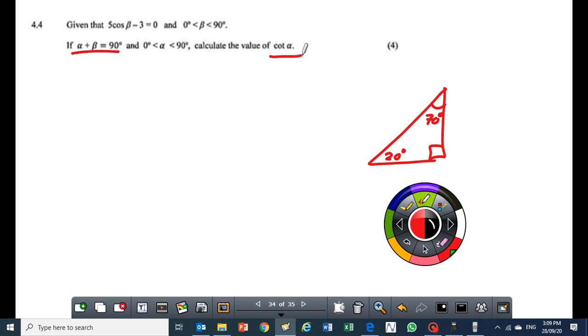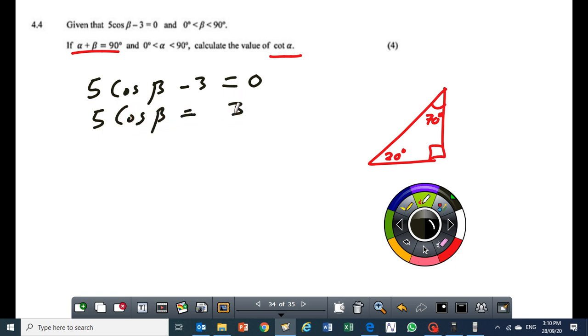So here, we start by writing 5 cos beta minus 3 is equal to 0. I'm going to tell you something very important that I didn't tell you, but I'm realizing now that it's important for this question. You take the minus 3, because it's not inside brackets, you take it to the right. So you end up getting 5 cos beta is equal to 3.